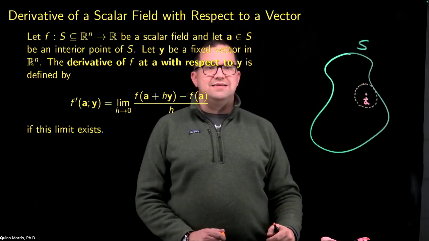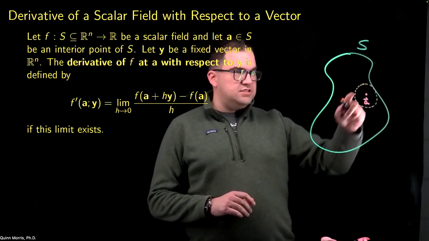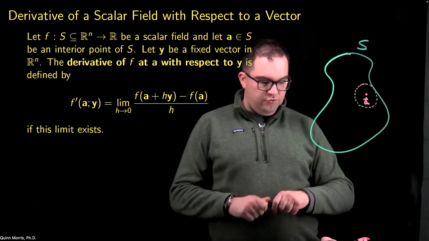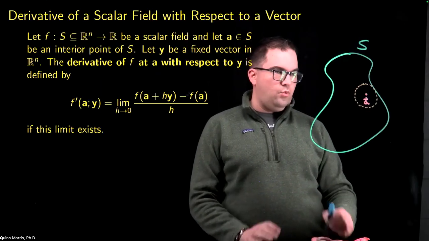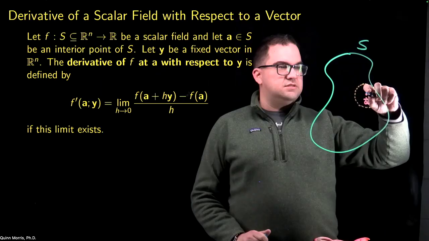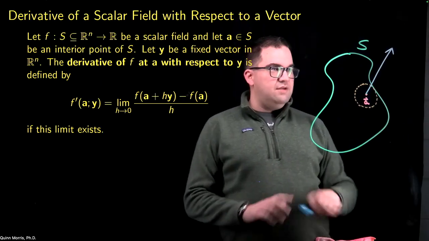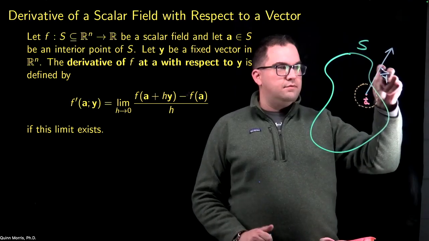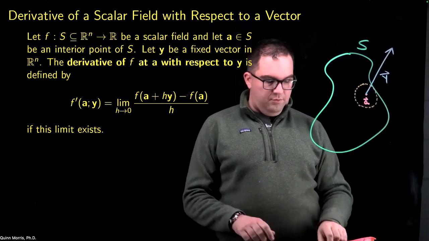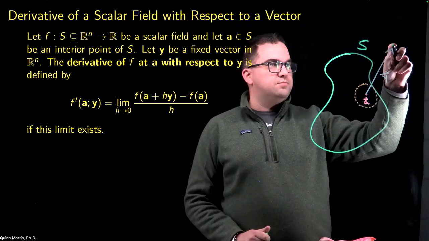Now, why is that helpful? Well, this is my vector A. Now imagine I'm taking a derivative with respect to some other vector Y, and let's imagine Y points out this way. Well, if this vector is Y, then for example A plus Y would be this point out here.